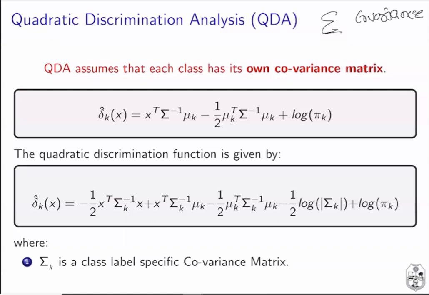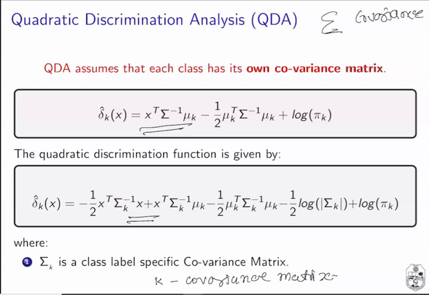If there are k class labels, then there are k covariance matrices. And when you are calculating the covariance matrix on a per class basis, the discriminating function takes this form.